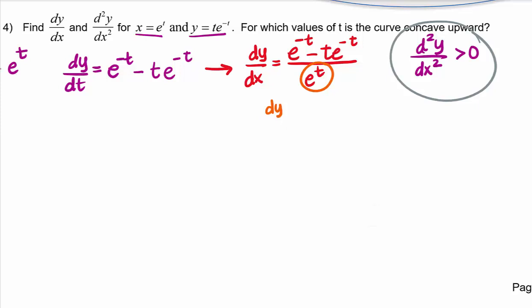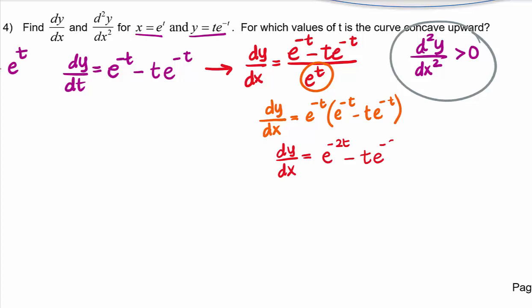So dy dx is, and so I will say it's e to the negative t times my numerator. And I can distribute that in. And so really, my first derivative, which I think will be neater, is e to the negative 2t, because you add your exponents when you're multiplying, minus t e to the negative 2t.